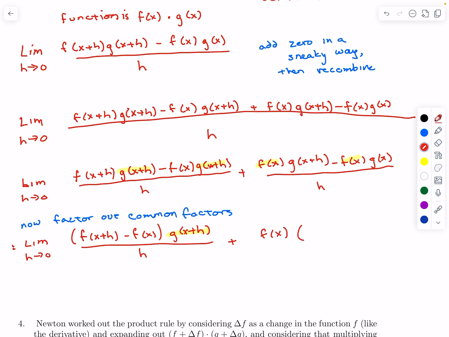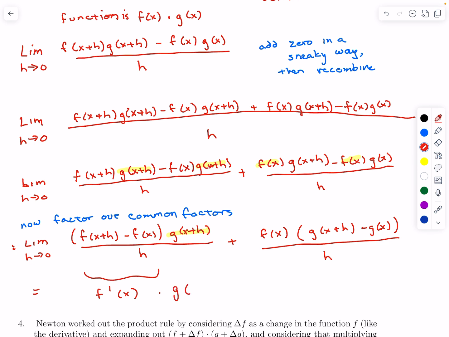I factored it out on the right for reasons of my own, but you can factor it out on either side because multiplication is commutative. Okay, then the first chunk is f prime.